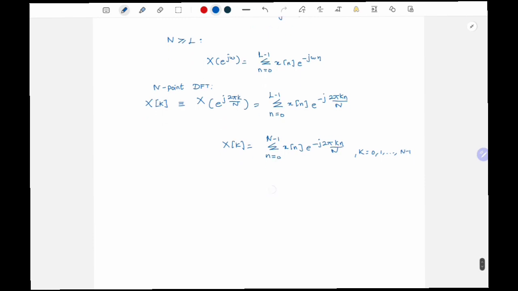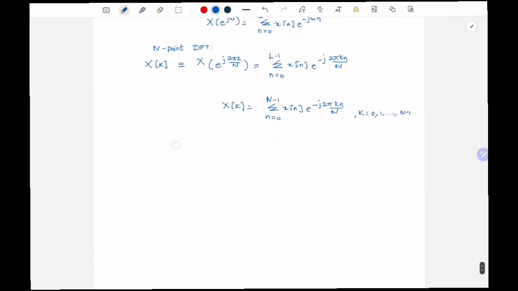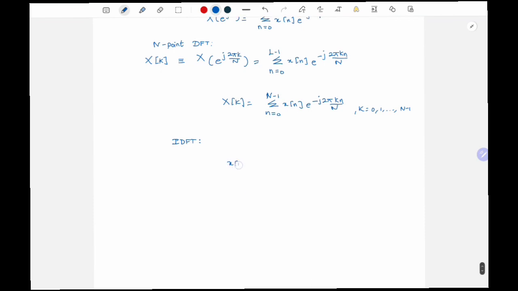And to get back x[n], what formula did we derive? So the IDFT. Here we are not considering x_p[n]. We are directly going to x[n], because we already know the relation between x_p[n] and x[n]. It is just a periodic representation of x[n]. So this we'll call the inverse discrete Fourier transform, IDFT.